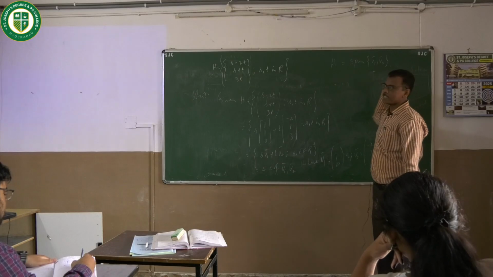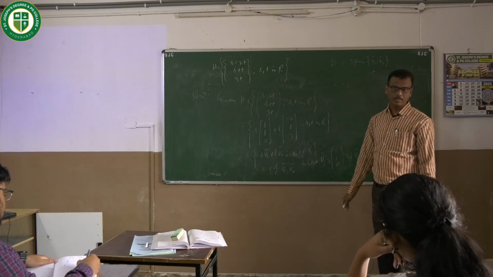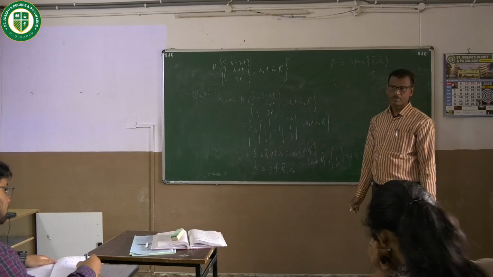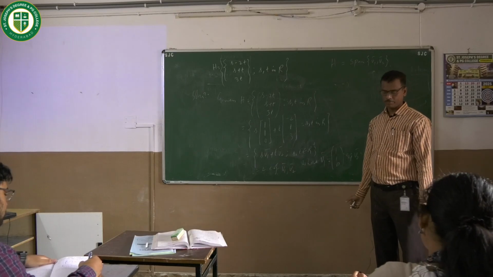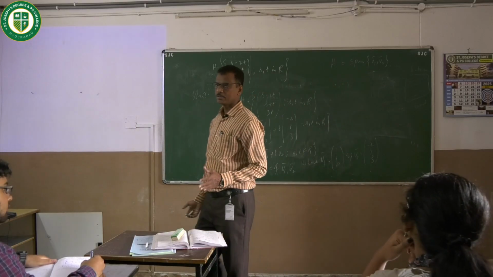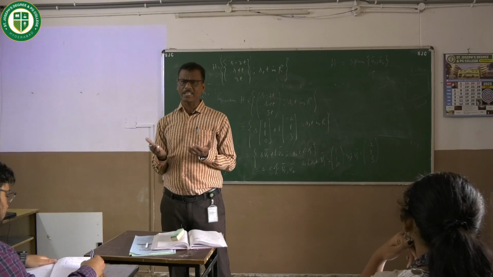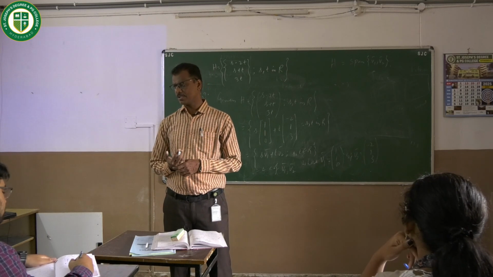Once you have completed the span, you have to verify whether those spanning vectors are linearly independent or not. What is the meaning of linear independent? If you take a set of two vectors, the scalars must be equal to 0.